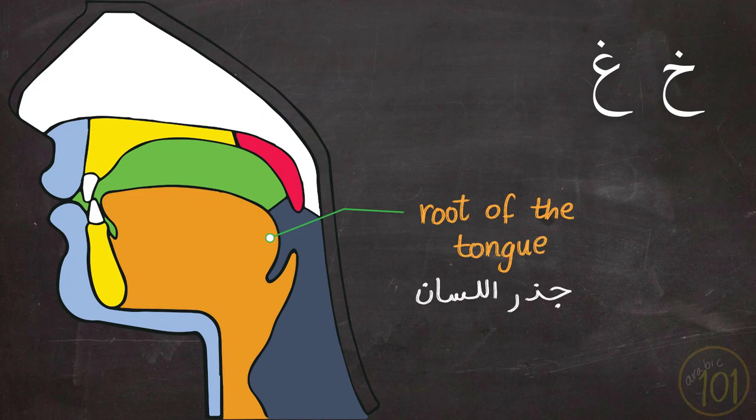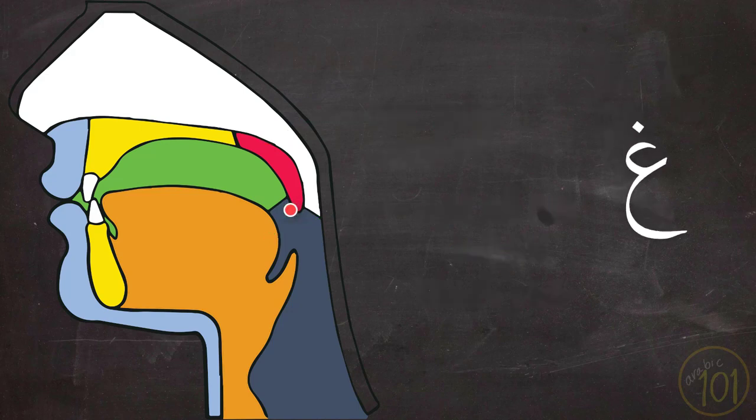Second, we also use the soft palate, and the soft palate is that soft part, which is not bony, located at the furthest area of the roof of the mouth. Both Kha and Ghain need these 2 organs to be properly produced. And since Ghain is produced at a point that is slightly deeper than Kha, we're going to start with Ghain.